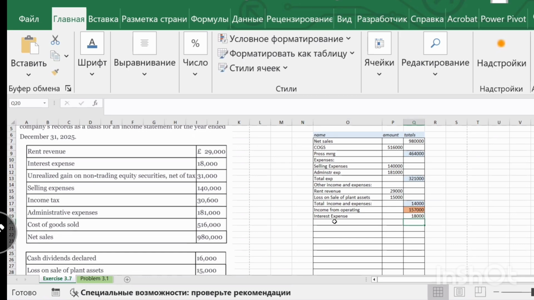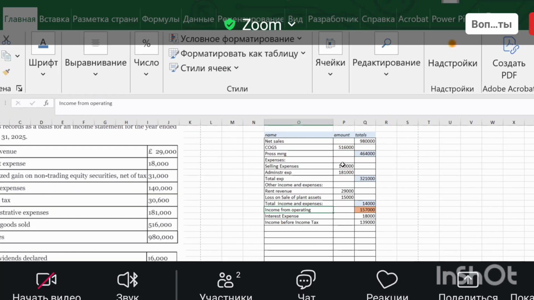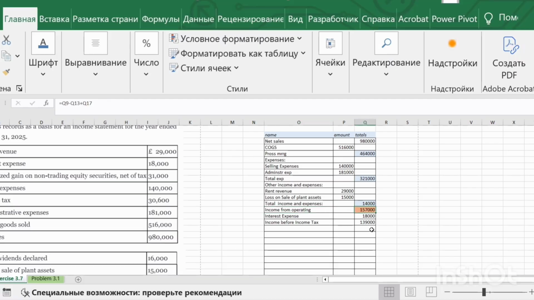And after that, we can calculate the income before income tax. So we find out that our income from operating is 157,000. Our interest expense is 18,000.